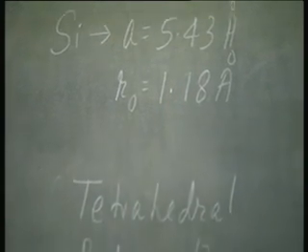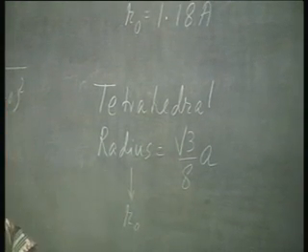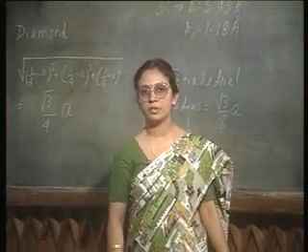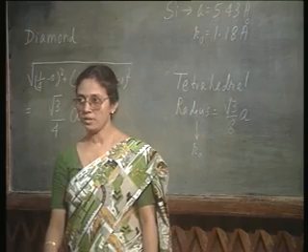The symbol usually used for tetrahedral radius is R0.